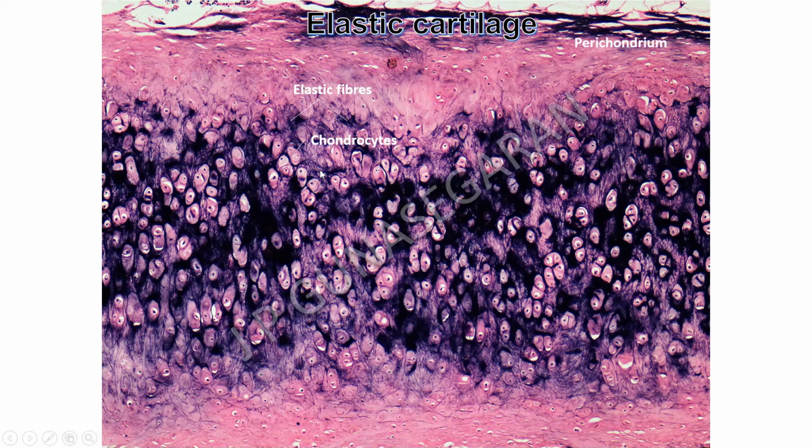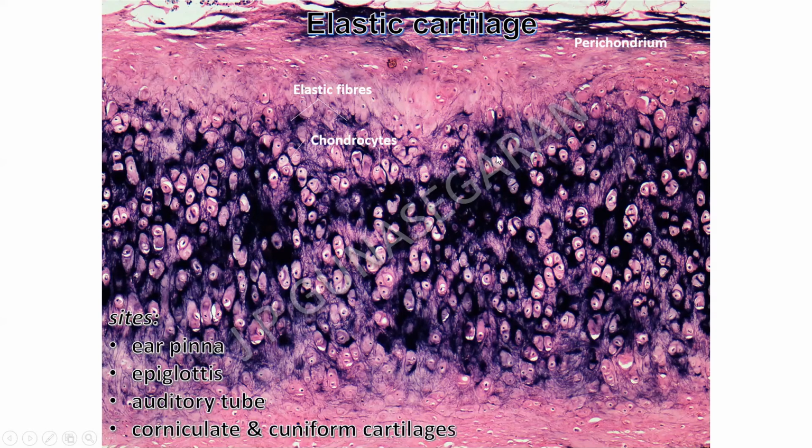At the periphery, you can see the perichondrium having two layers, a fibrous and a cellular layer. Elastic cartilage never undergoes calcification. Elastic cartilage is limited in distribution and is seen in ear pinna, epiglottis, auditory tube, corniculate and cuneiform cartilages.